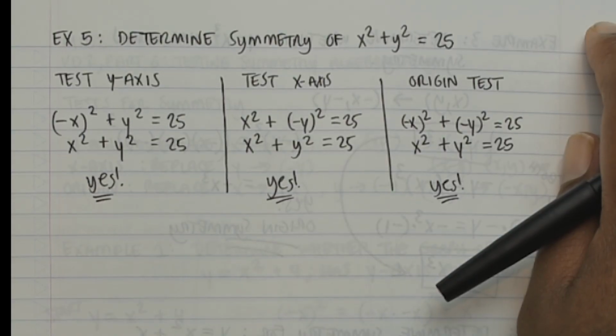And so this is important because a graph can have more than one type of symmetry, as we see here.